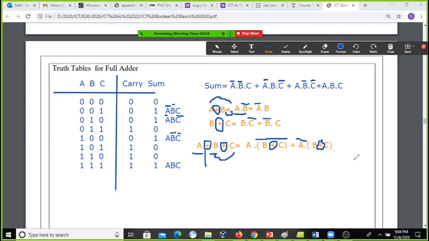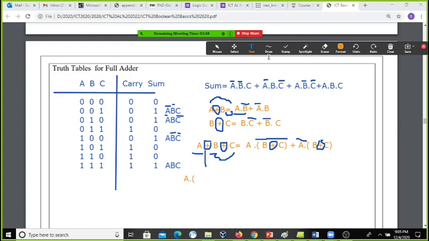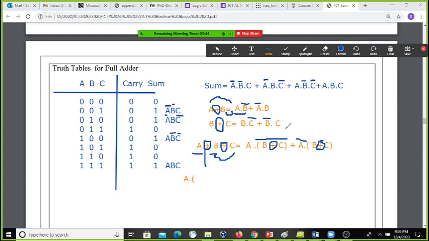Yes, sir. Then what we need to do is, in the next term, this A you can keep as it is, and the B plus C bracket, this one you can expand. Here we know B exclusive OR C is this one. You can write that one here.